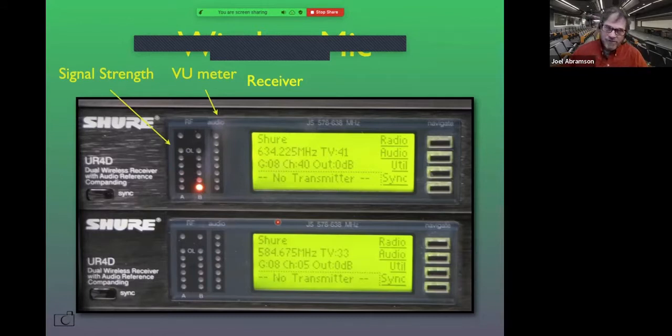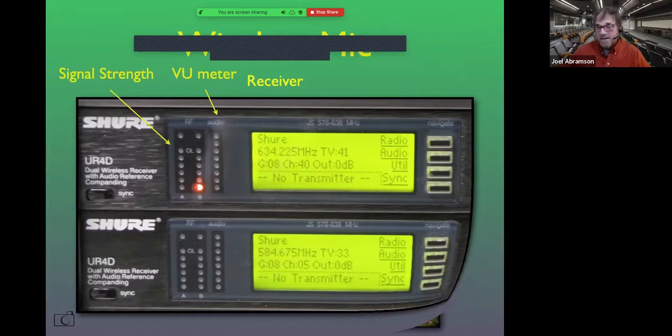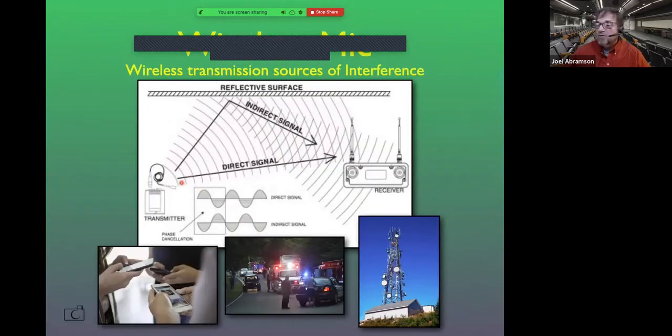I've worked semi-professional wireless microphones that didn't have this setup. They only had one signal, right? And those are tough ones to work because they get interference, right? And there's all sorts of things that can cause interference to your wireless signal. Cell phone traffic, yes, can cause interference.